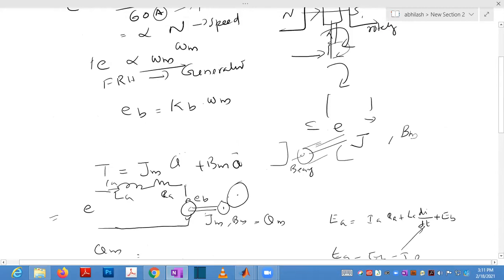Requirement of a gear. Shashi Krishna, sir? What is the requirement of a gear? To rotate the shaft. Without a gear also it will rotate.